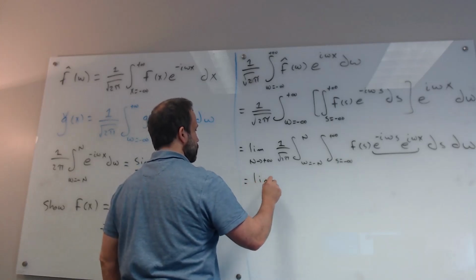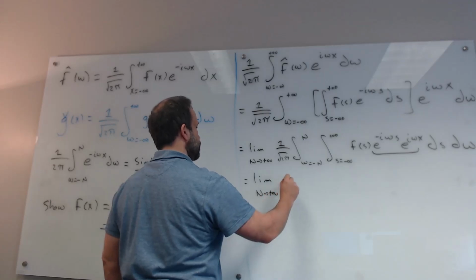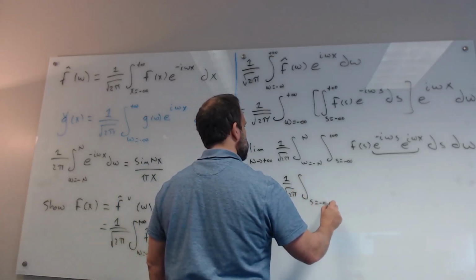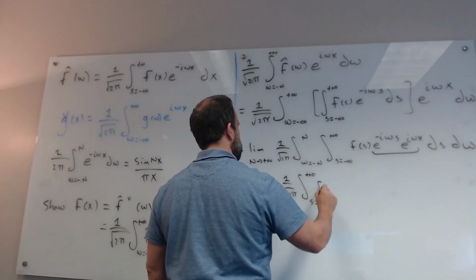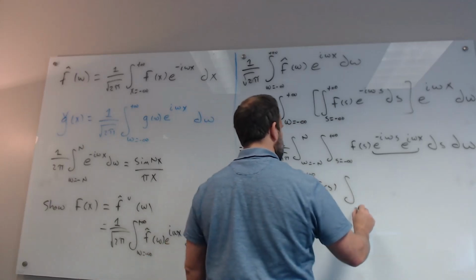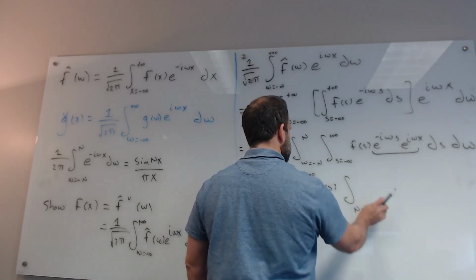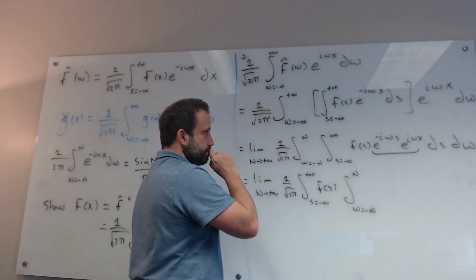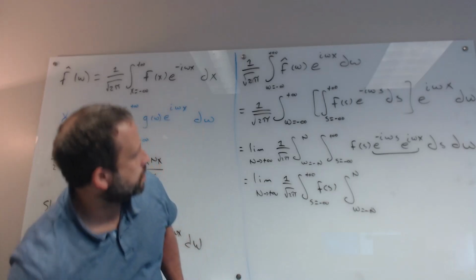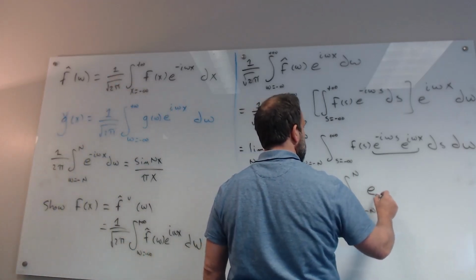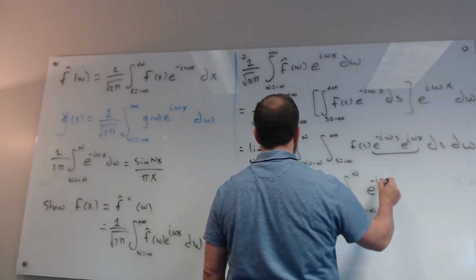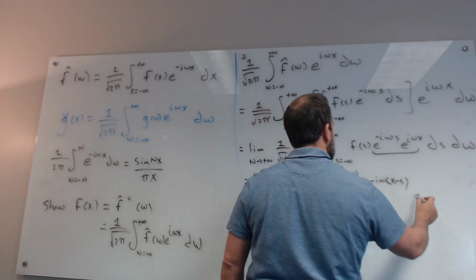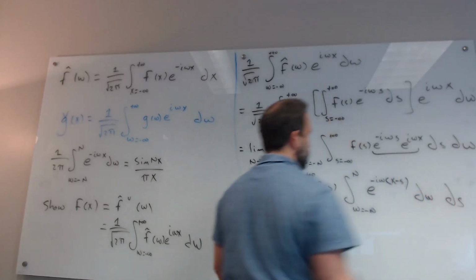And so now I've got the limit as n goes to positive infinity of 1 over the square root of 2 pi, and now I'm going to have the integral from s equals minus infinity to positive infinity of f of s times the integral where omega goes from minus n to n of e to the minus i omega of x minus s, d omega ds.